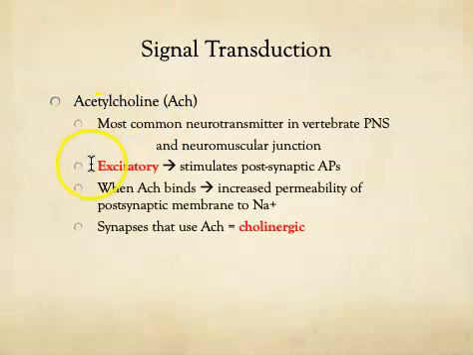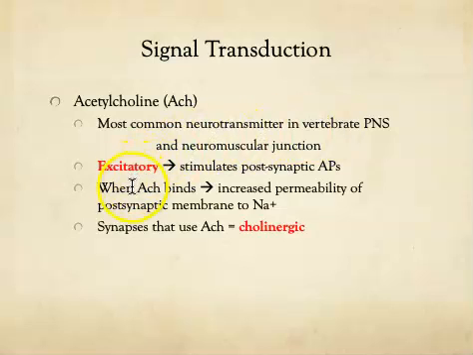Acetylcholine is an excitatory neurotransmitter, so when it is released into a chemical synapse and binds to receptors on the postsynaptic cell, it's going to elicit an excitatory postsynaptic potential. It's going to stimulate, in other words, action potential generation on the postsynaptic side.